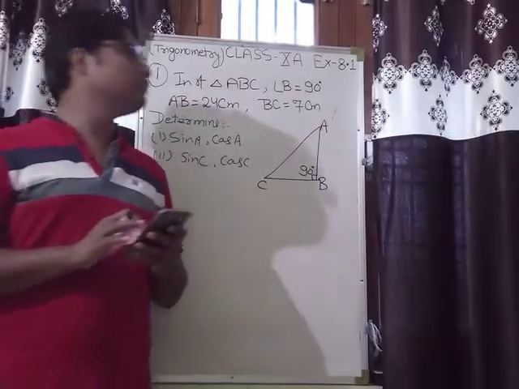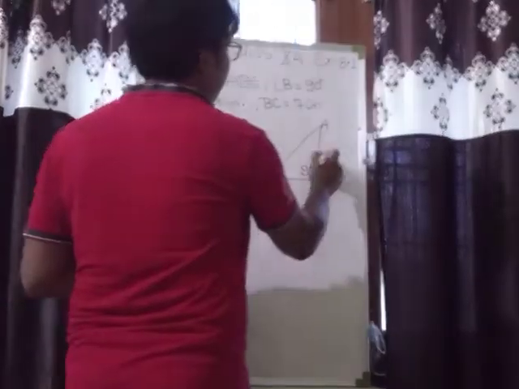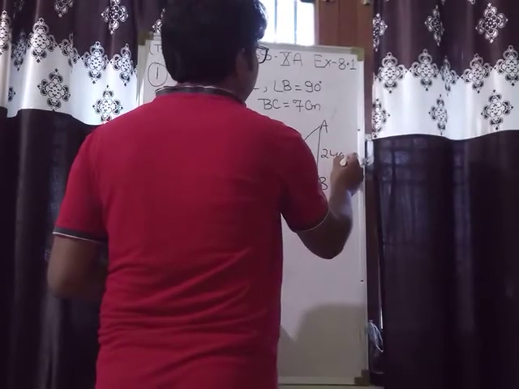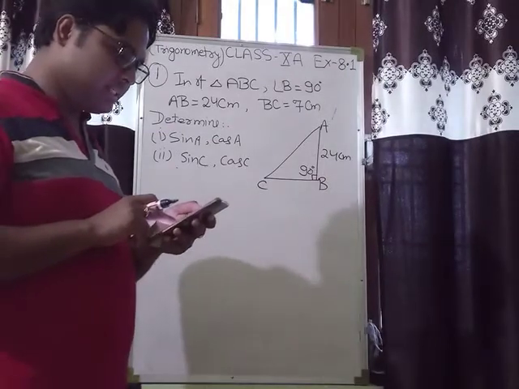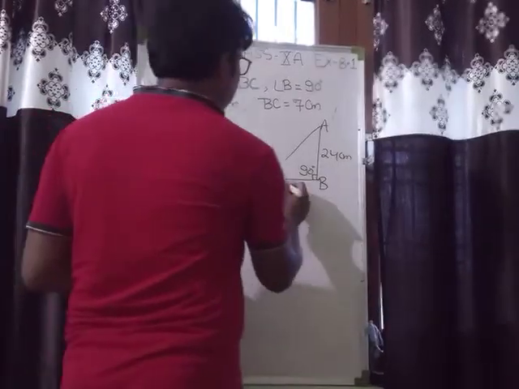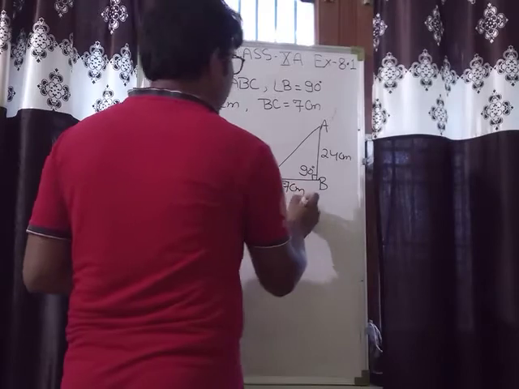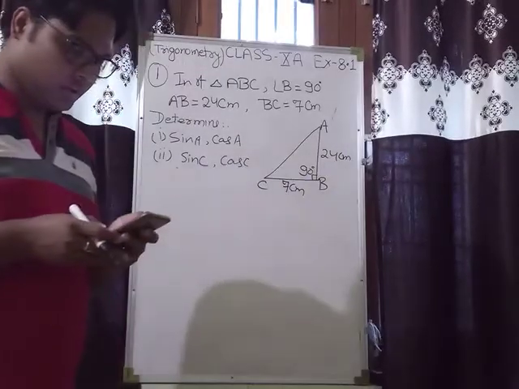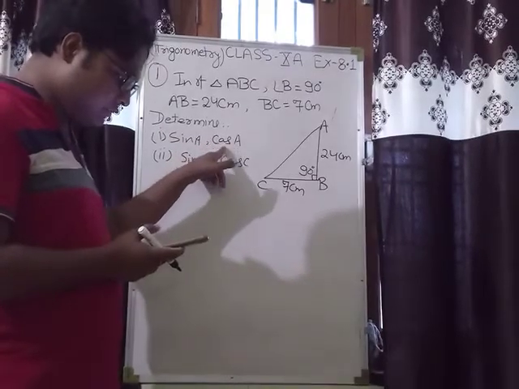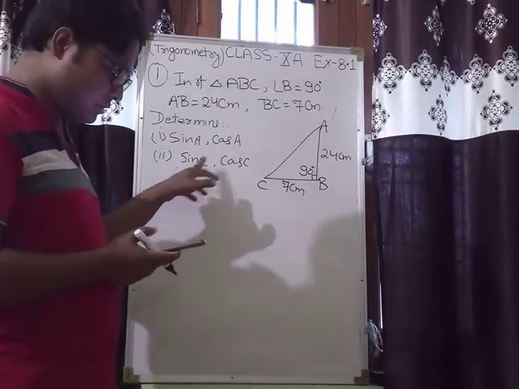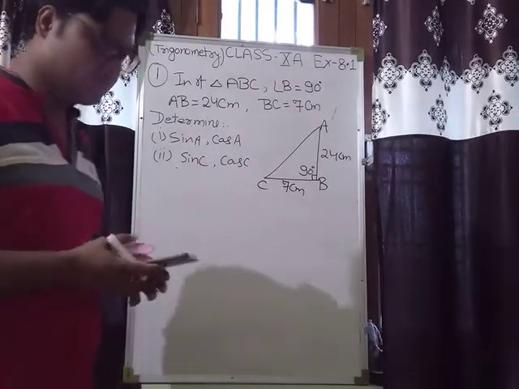AB is 24 centimeter, this AB is 24 centimeter and BC is 7 centimeter. This BC is 7 centimeter. Determine sin A, cos A, sin C and cos C.